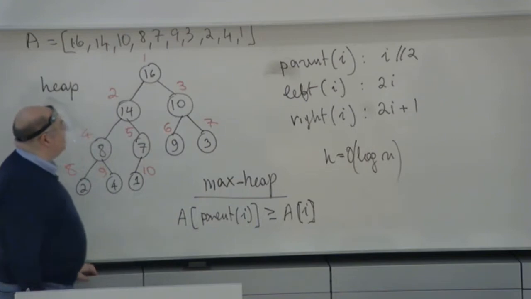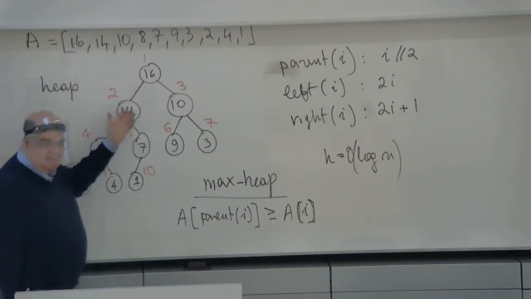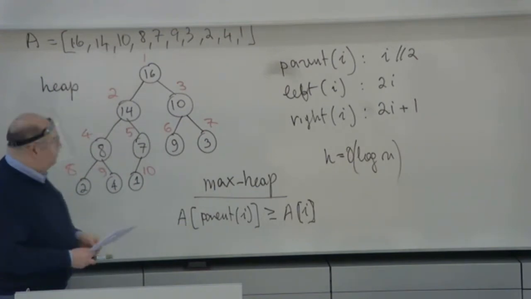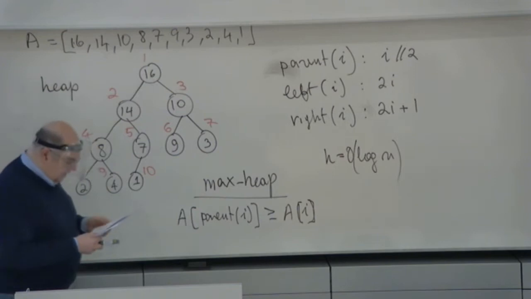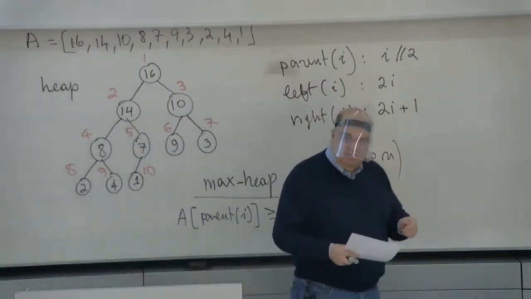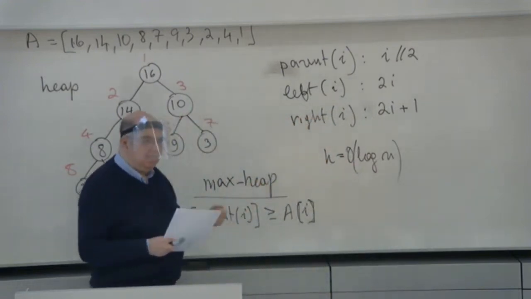Okay, so in general, when you start with an array, any array, and you put the numbers in a tree like this, you are not so lucky as in this case. In this case it is already organized as a max heap, but in general you are not in such a situation. So the next thing we are going to talk about is how to maintain the heap property.